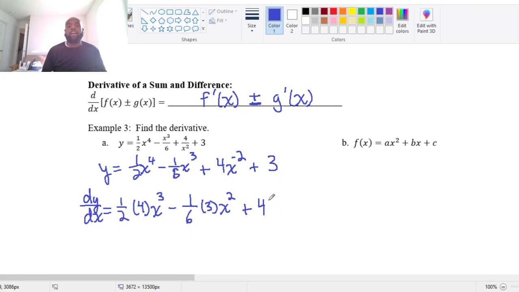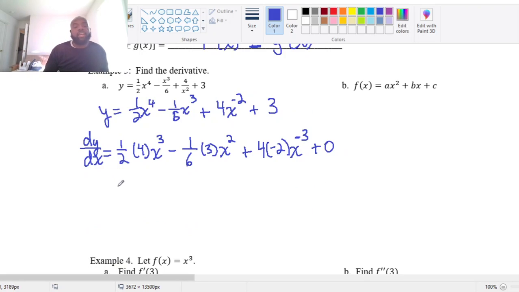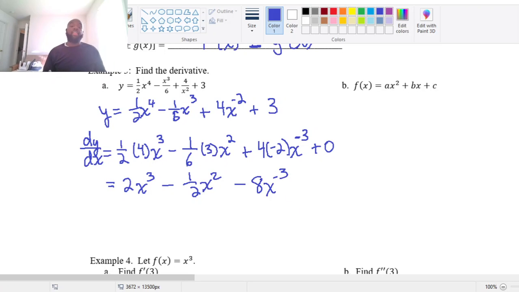Bring that exponent out front. Negative 2 minus 1 is actually a negative 3. And then this is a constant function, and the derivative of a constant is 0. Everything else is simplifying. 1/2 of 4 is 2, so that's 2x cubed. 3 over 6 is 1/2, x squared. Positive times a negative is a negative, 8x to the negative 3. That is what my derivative equals.